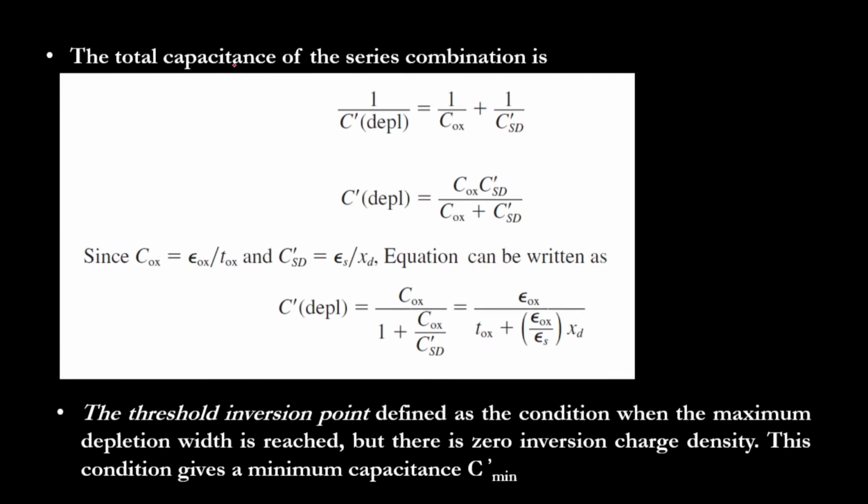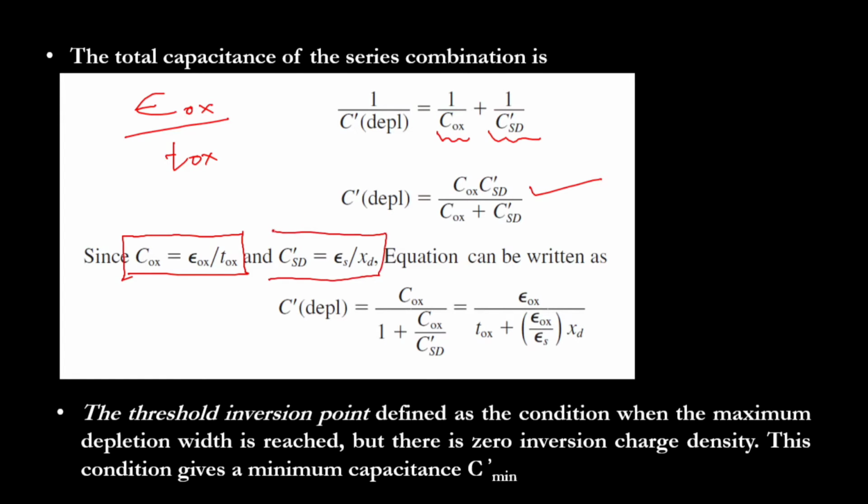Okay, so look at these equations. The total capacitance of the series combination is this capacitor because of the oxide layer, and this is because of the depletion layer. So I'll get like this, and we know that COX, the capacitor because of the oxide layer, is the permittivity of the oxide divided by the thickness of the oxide. In a similar way, the capacitance of the depletion region is the permittivity of the semiconductor divided by the thickness of this depletion layer.